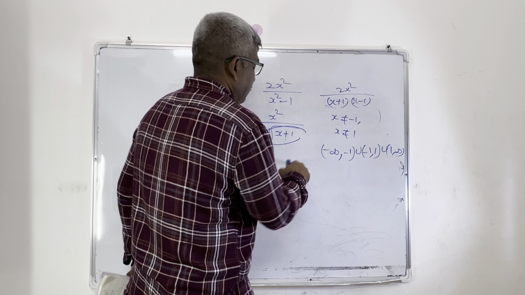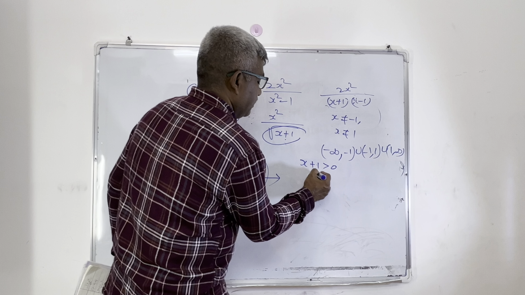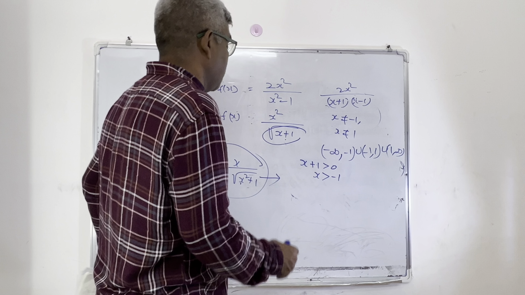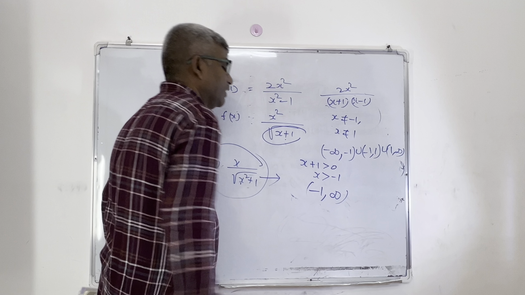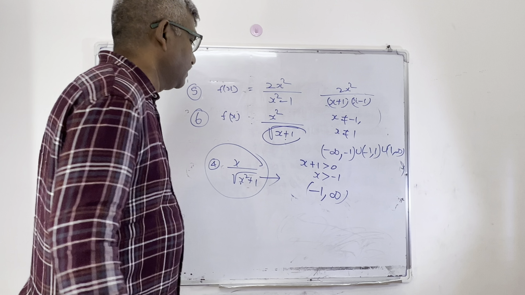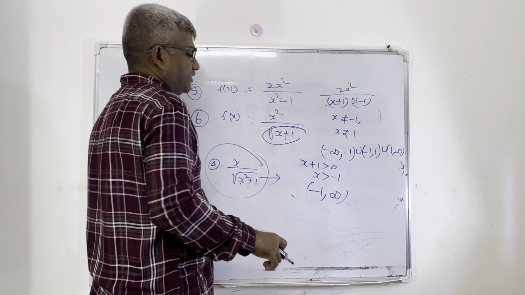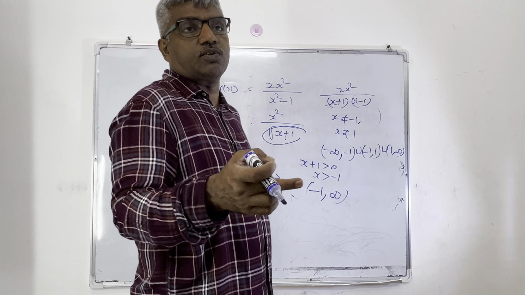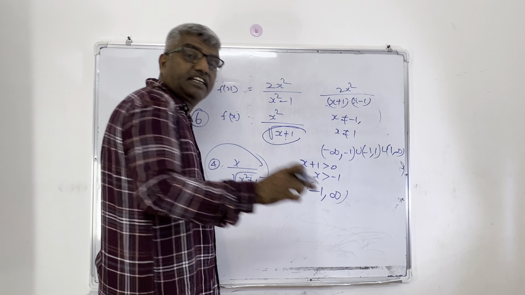So here x plus 1 should be greater than 0, so x is greater than minus 1. What is the domain? Minus 1 to infinity, or x is greater than minus 1. If x is 0, 0 plus 1 is positive. If x is minus 2, plus 1 is minus 1, square root of minus 1 is not possible. So x value should be greater than minus 1.